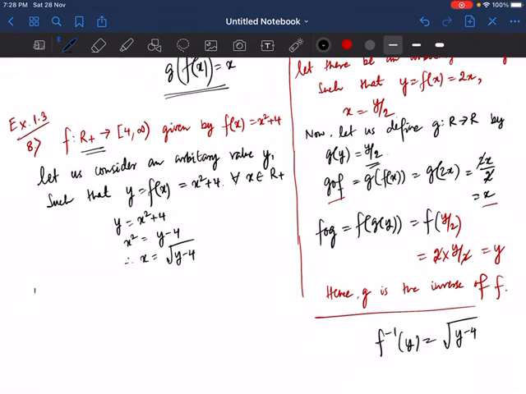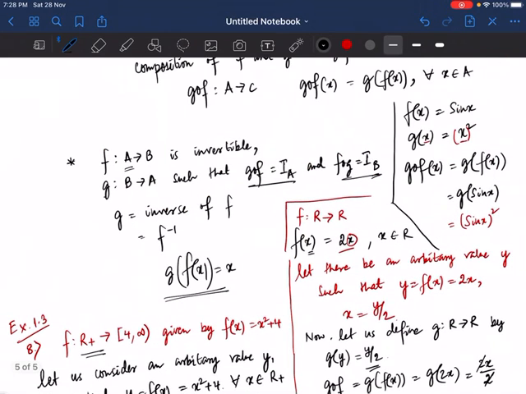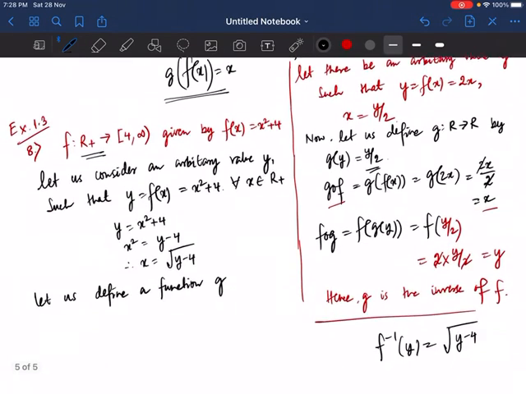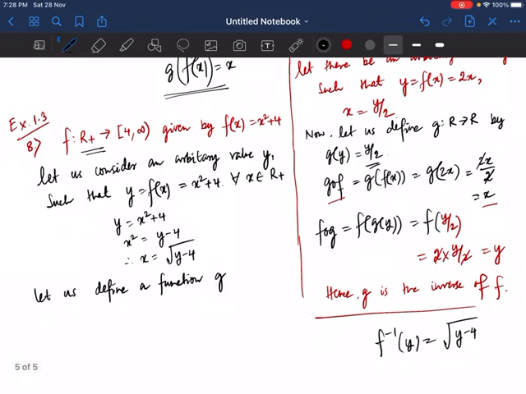So let us define a function g. Now here, whenever we are finding the inverse of a function, if the function is from A to B, the inverse of the function will be from B to A. The domain and range will reverse itself. So here it is from R plus to 4 comma infinity.